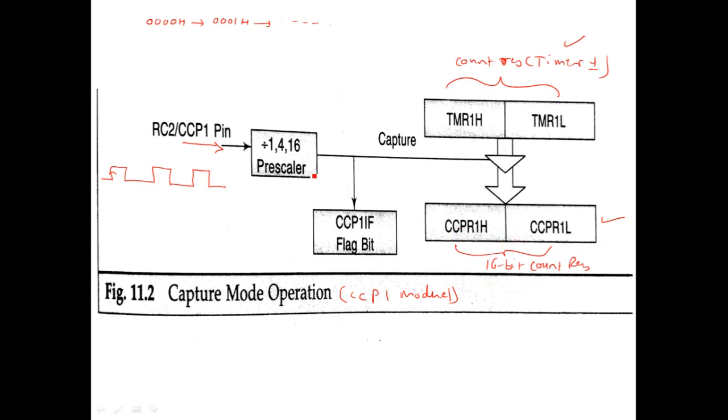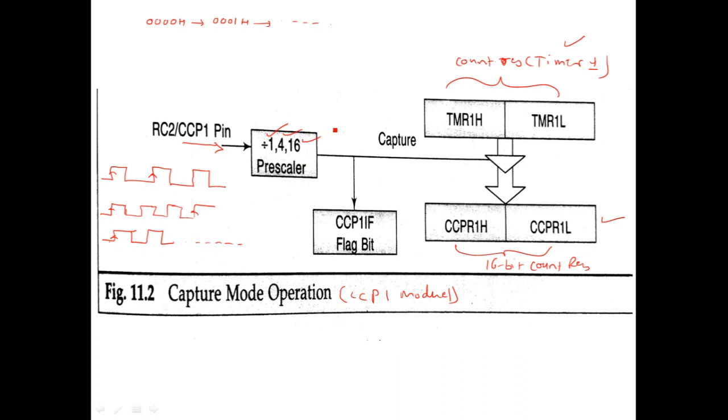So this will happen at every rising edge if the prescaler is 1, or it may happen at every 4th rising edge. This is 2nd, this is 3rd, and this is 4th. So every 4th rising edge if the prescaler is selected to be 4, or it will happen at every 16th rising edge if the prescaler is 16.